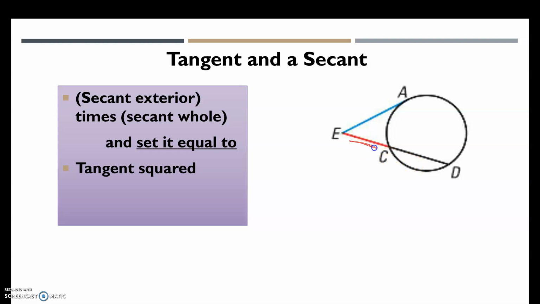So this is my exterior right here, and this is my whole, the outside plus the inside, and I'm going to set that equal to whatever my tangent is squared. And this guy right here, EA, is my tangent. So it would look like this. My tangent portion, EA, whatever that length is, squared, is equal to EC times the entire length, which is ED.